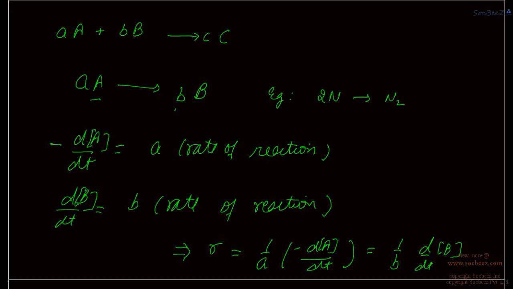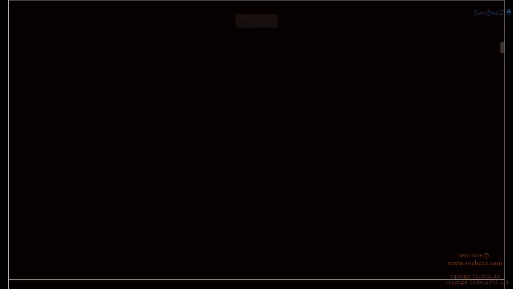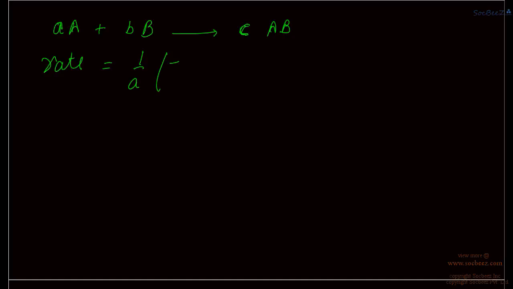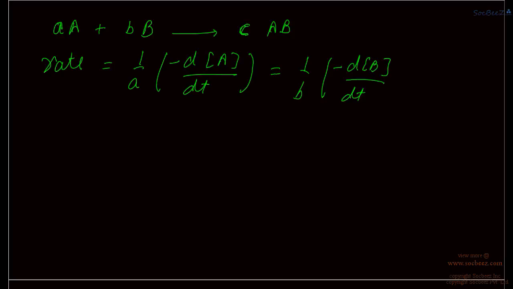So from here we can say that in this reaction aA plus bB giving us cAB, suppose this is the reaction, then the rate equals 1 upon a minus dA upon dt, equals 1 upon b minus dB upon dt, equals 1 upon c d[AB] by dt.